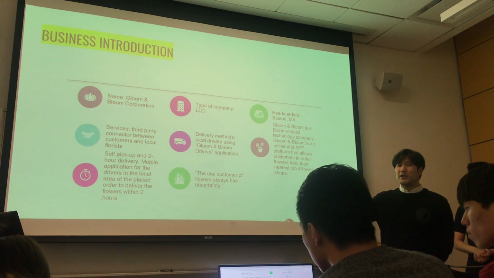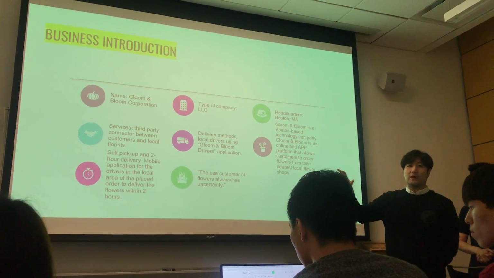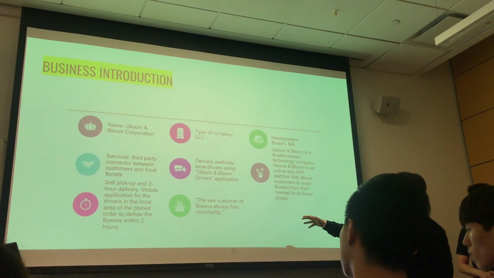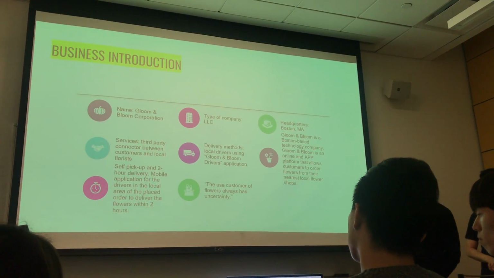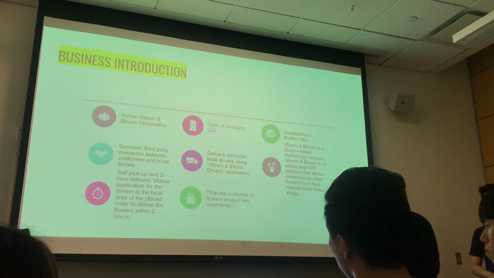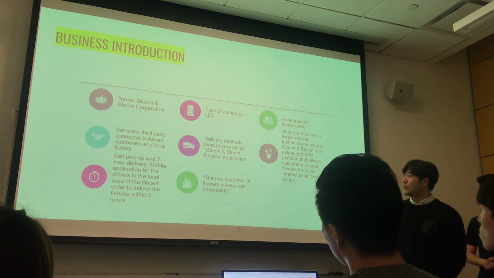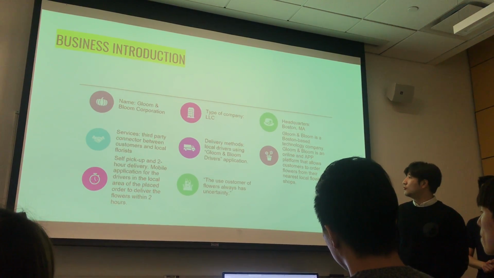We're not going to own our drivers, and we're not going to own the flower shop. We're just the middle connector, so we are focusing only on the service. We offer self pickup and 2-hour delivery, with a mobile application for the drivers in the local area of the placed order to deliver the flowers within 2 hours.